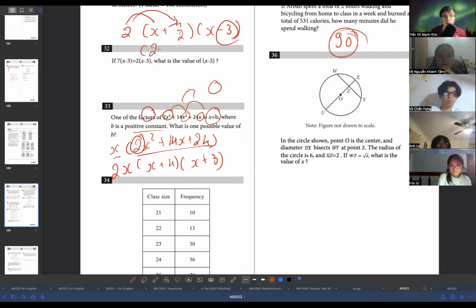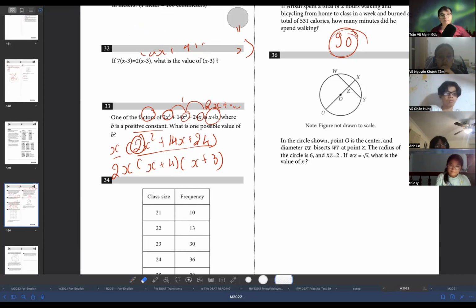It will be 2x plus 4, x minus 3. If they're asking for 2x plus b, and I get 4, this is also one possible way they ask this kind of question. So if I get this, what are the possible values of b? Can you tell me? Is it 4 or 3? Exactly, and they are the answer of this question, 4 or 3.